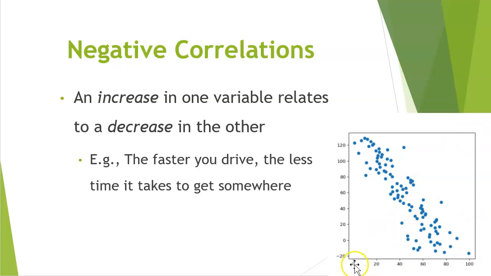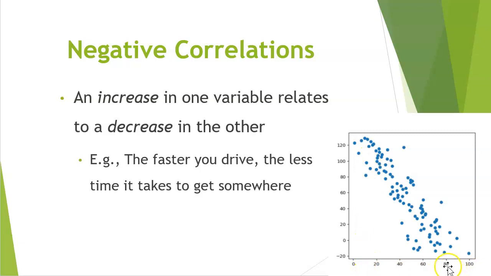And so if on the x-axis we say the faster you drive, so let's say that's kilometers an hour. And then on the y-axis, that could be the amount of time it takes you to get somewhere. So if you're going 20 kilometers an hour, it's going to take you 100 minutes to get somewhere, say, for example.